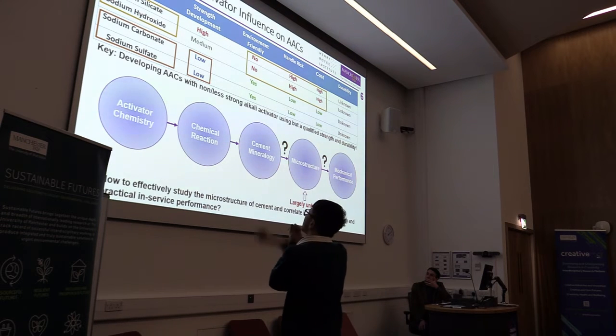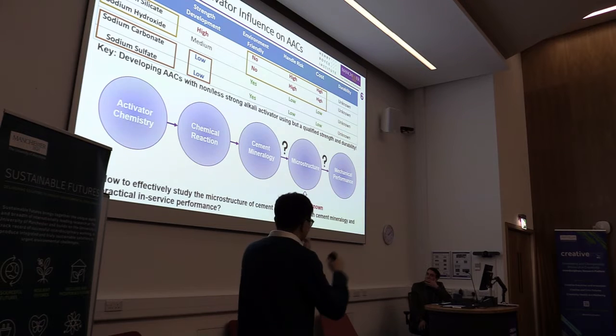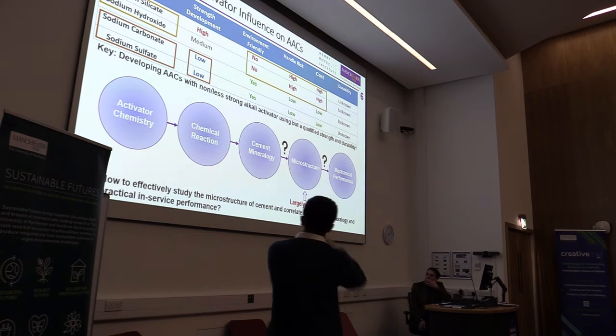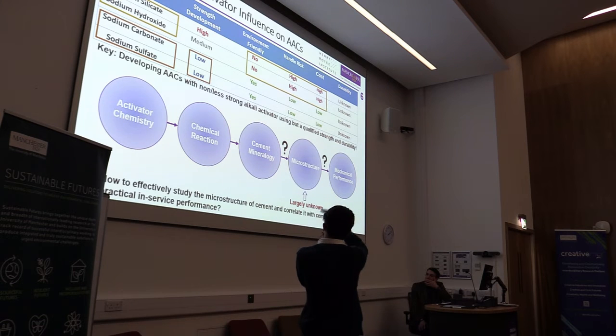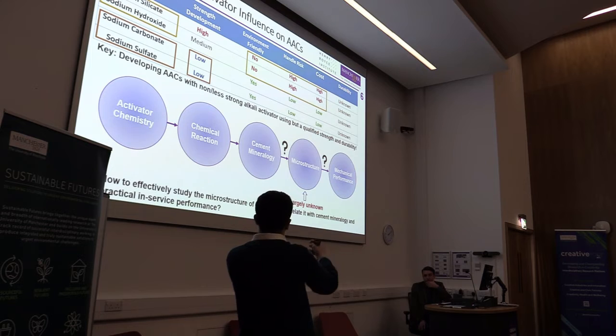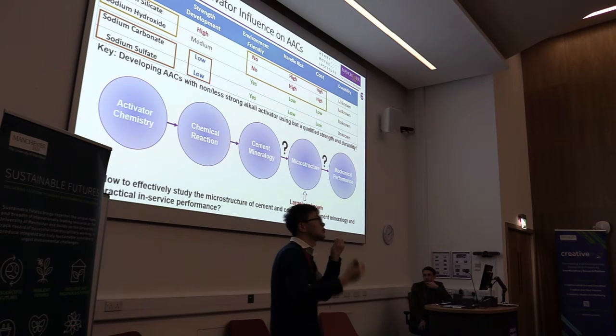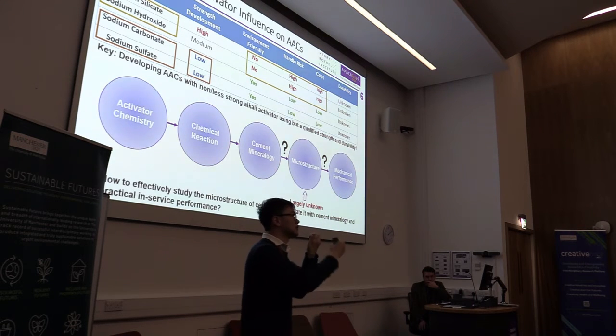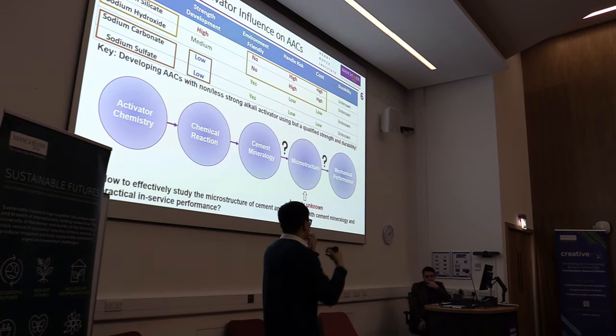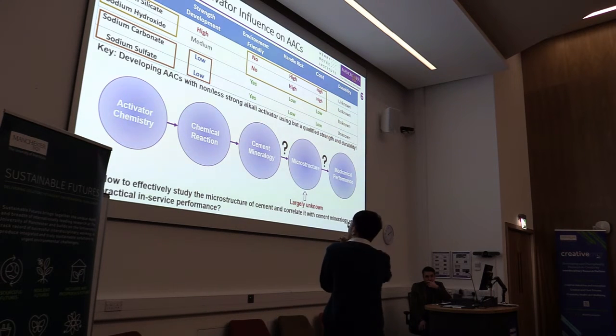As I said, sodium silicate and sodium hydroxide both have strong alkalinity, but the side effects are also significant, like environmental pollution and handling risk. It's not easy for operators to produce cement by handling strong alkaline solutions, and the cost is very high.